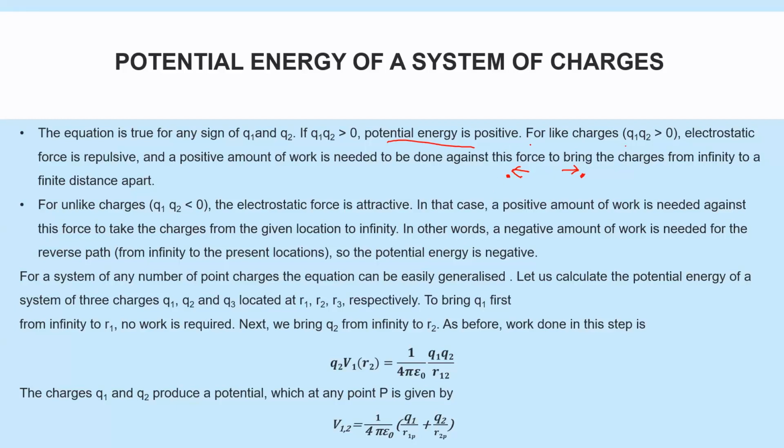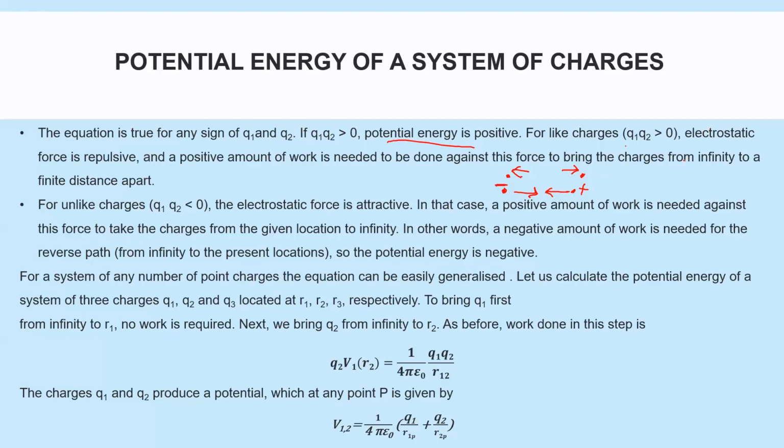If we want to take these charges away from each other, because they are attracting each other, suppose this is minus and this is plus, any work that you do in getting these charges to move away from each other, to take this charge away to infinity, the external force you use is going to be in the opposite direction, and that is why the work done to remove this charge and bring it to infinity is going to be positive.